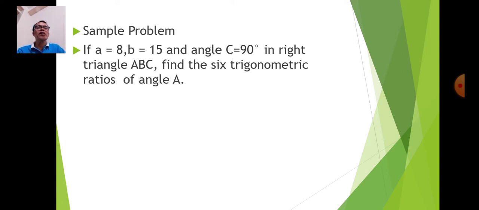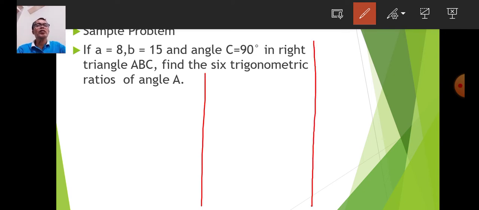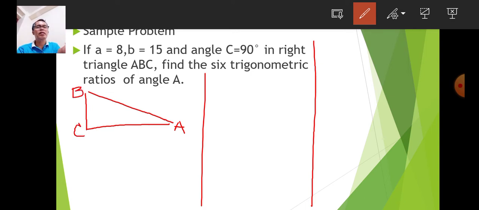Find the six trigonometric ratios of angle A. So we are going to draw the triangle first. If this is A, this is B, and this is C.